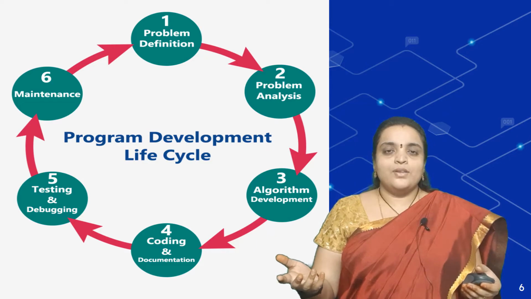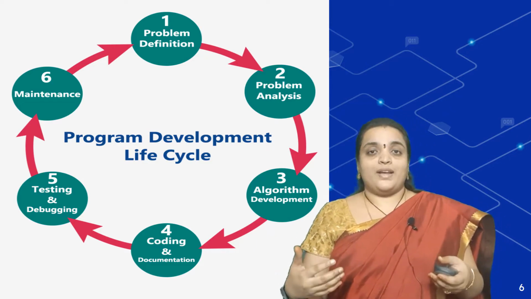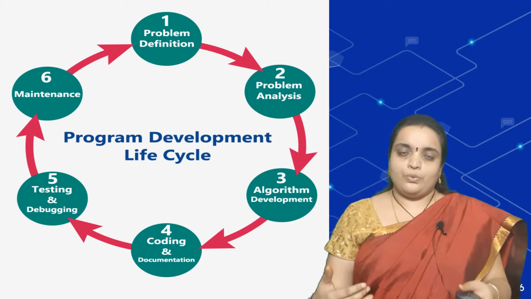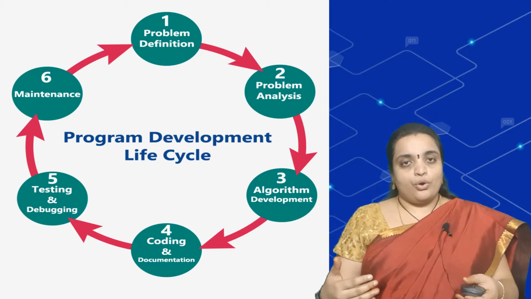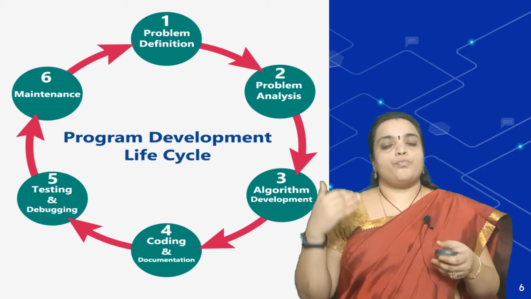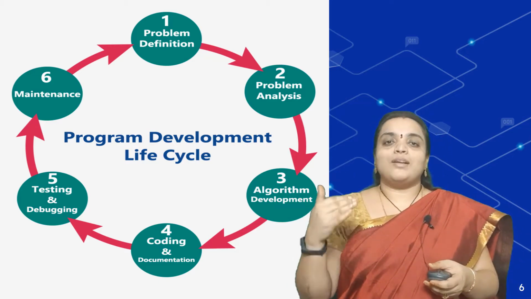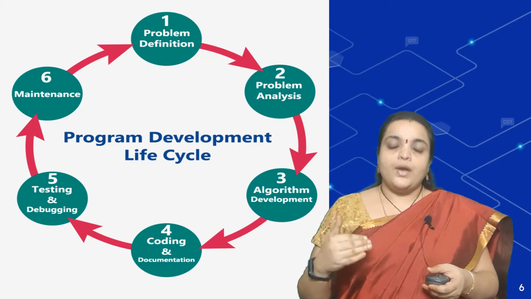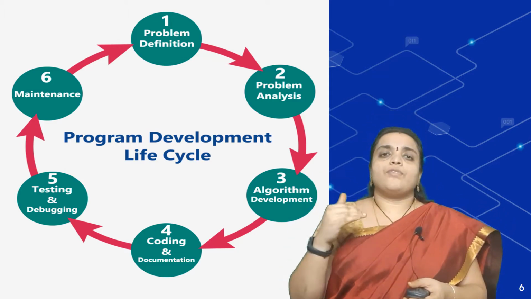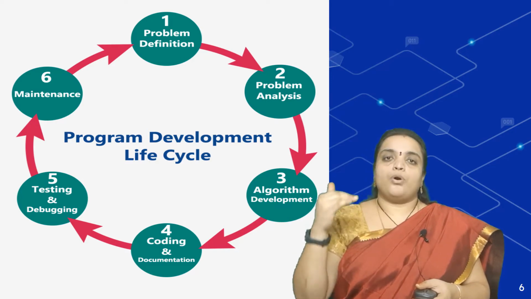So, coming to our software, the same procedure is followed in our software also. The same procedure is followed to prepare a program also. The first and foremost step in program development lifecycle is problem definition. So first you have to define the problem.